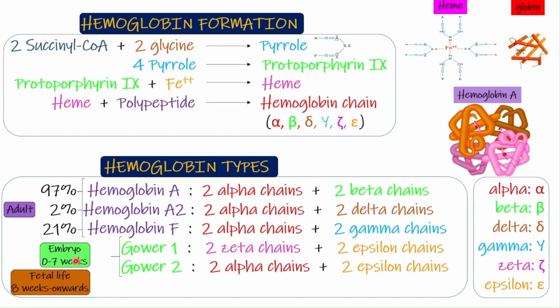So in the embryo, from 0 to 7 weeks, there are two types of hemoglobins. One is GOA1 and the other one is GOA2. GOA1 has 2 zeta chains and 2 epsilon chains, whereas GOA2 has 2 alpha chains and 2 epsilon chains.